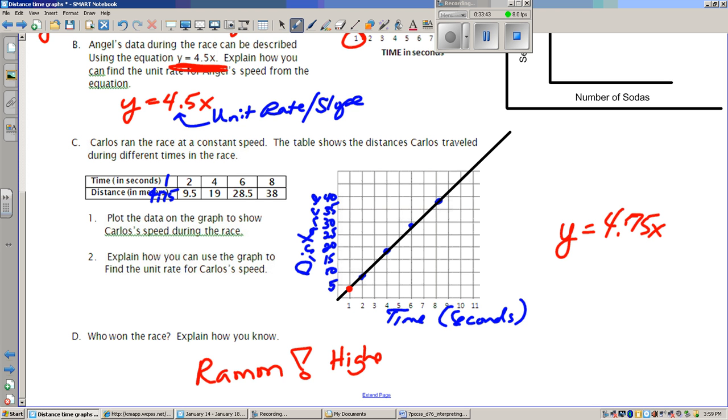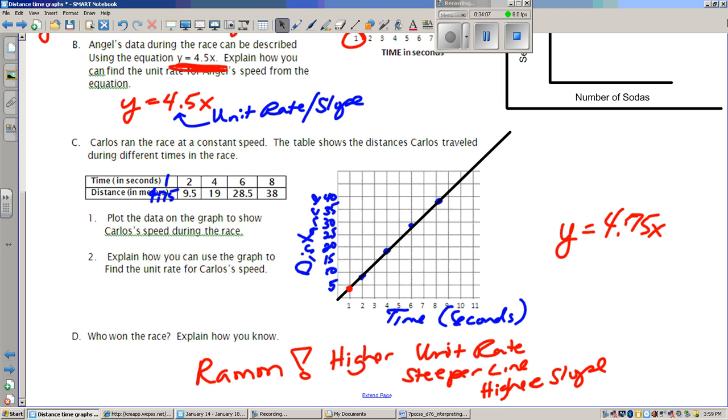Higher unit rate. Steeper line. All of these are explanations of why Ramon would have won the race. Higher slope, etc. All right, okay with that?